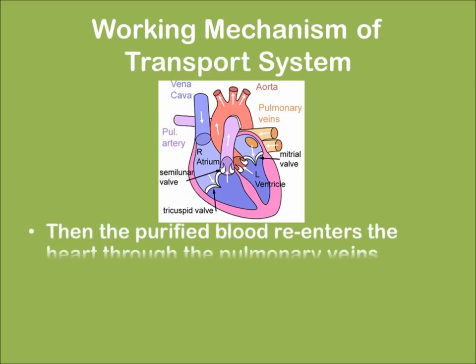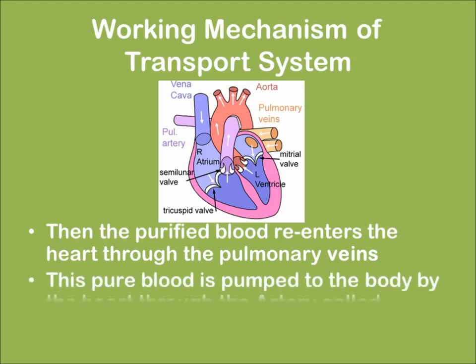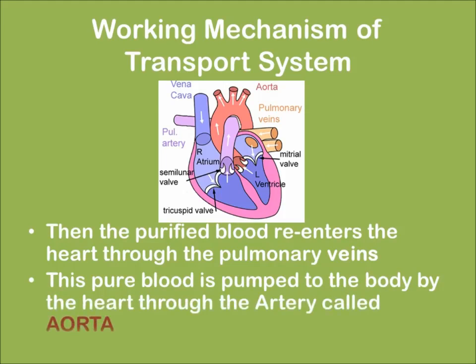Then the purified blood re-enters the heart through the pulmonary veins. This pure blood is pumped to the body by the heart through the artery called the aorta, which is the largest artery in the human body.